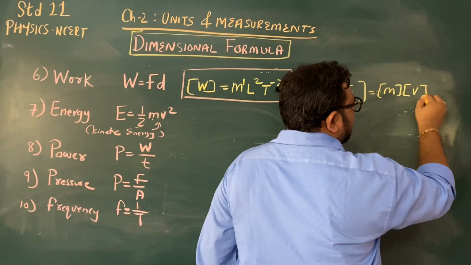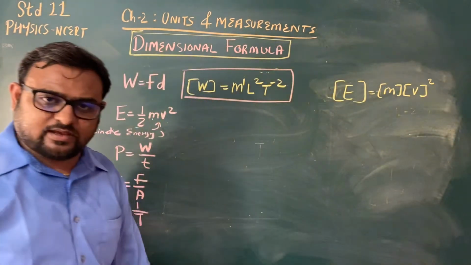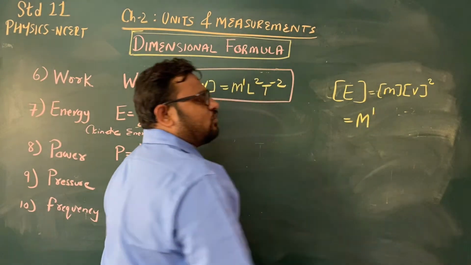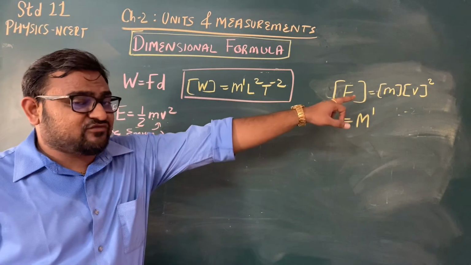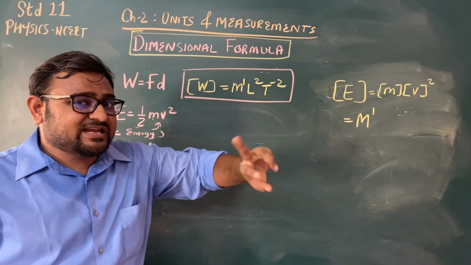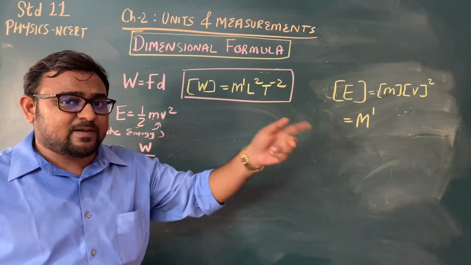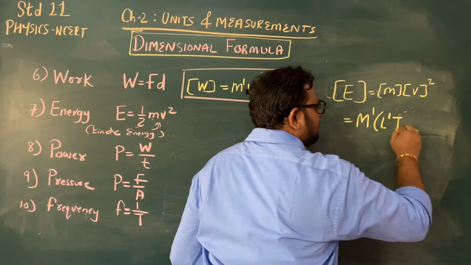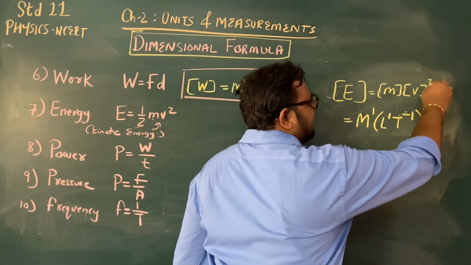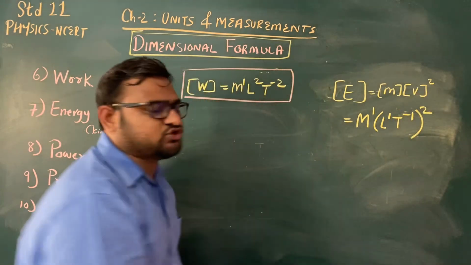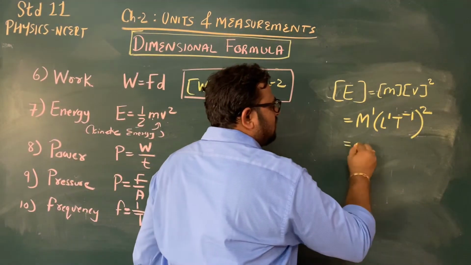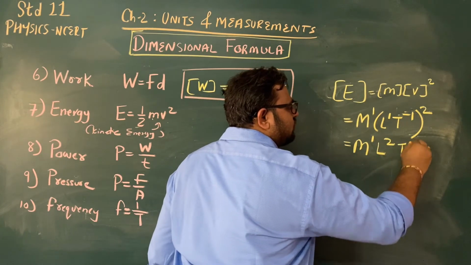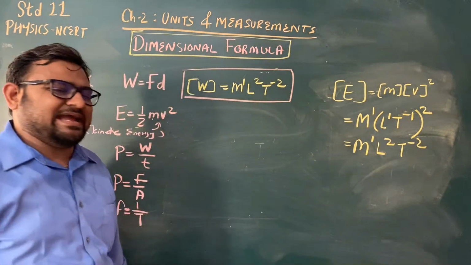What is the dimension formula for mass? M1. What is the dimension formula for velocity? Distance by time, length upon time, L1 T minus 1. And as it was V square, it's 2. So M1 L2 T minus 2.